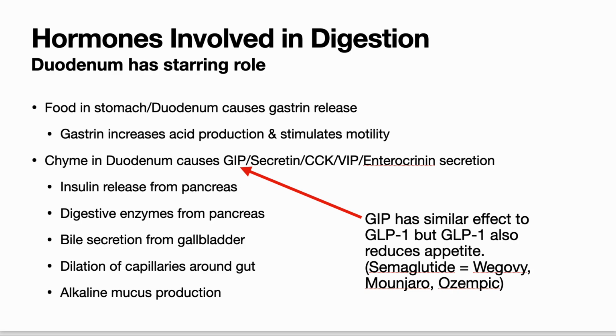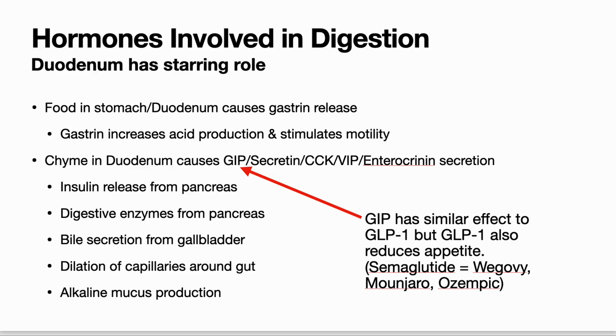And the duodenum kind of has a starring role in this because when food is in the stomach and begins to move into the duodenum, this causes the release of gastrin. And gastrin is really important because it's going to increase acid production in the stomach, but it's also going to stimulate motility throughout the entire GI tract.